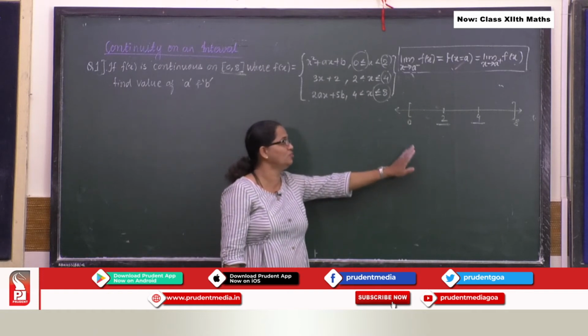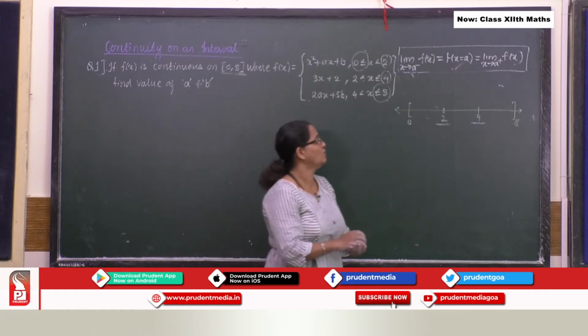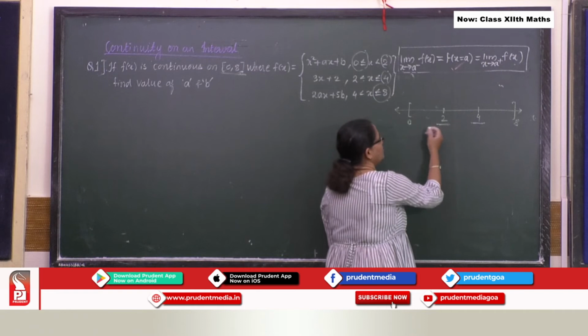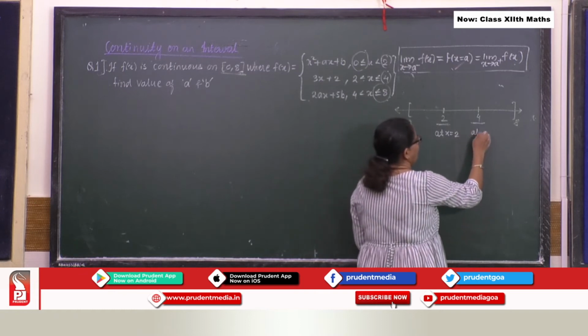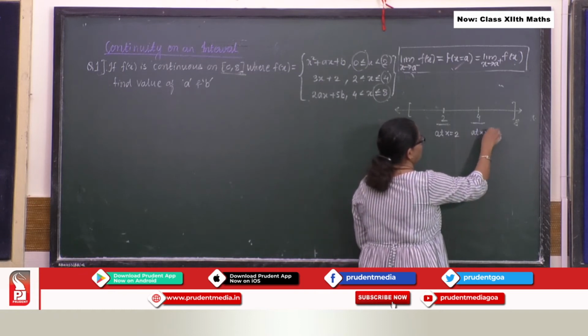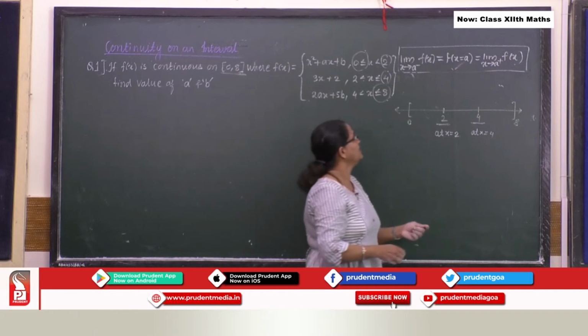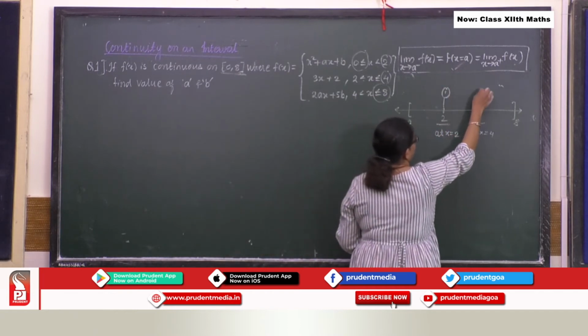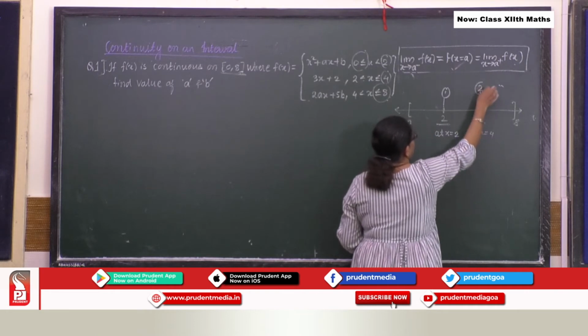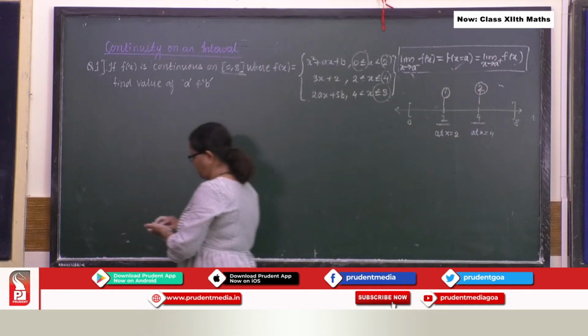So at this moment, the given function is continuous at x equal to 2 and at x equal to 4. Fine. Now we will consider this as the first case and this as the second case. So let us proceed further.